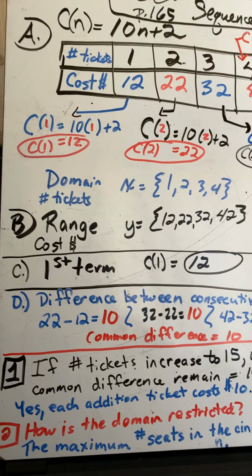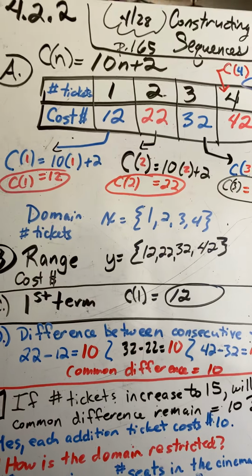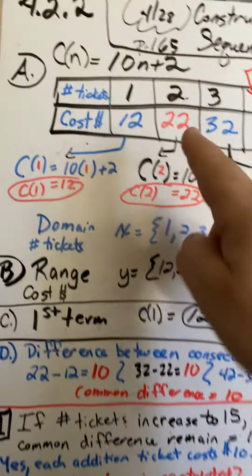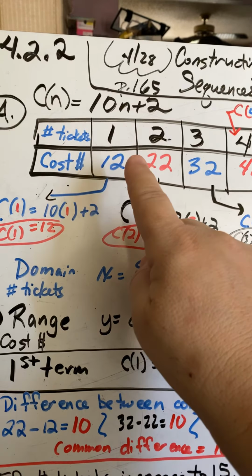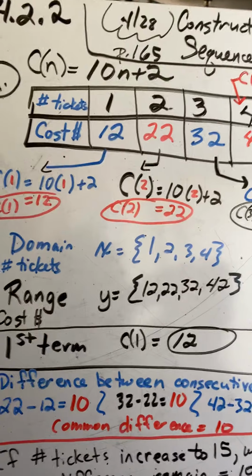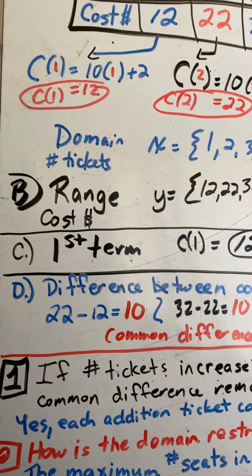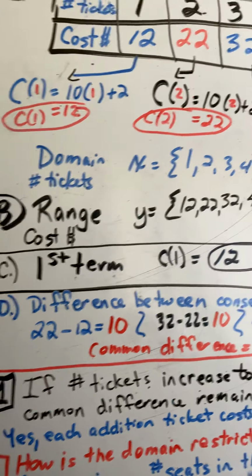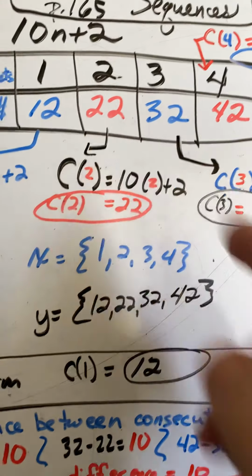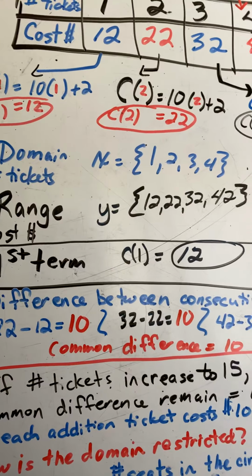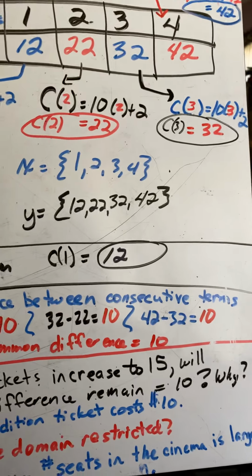Almost done, guys. The difference between the consecutive terms we refer to as the common difference. So we take the second guy in line, subtract the first. Segundo menos primero. So 22 menos 12 son 10. 22 minus 12 is 10. Then I look at the next one. I have 32 minus 22. 32 menos 22 son 10. 32 minus 22 is 10.